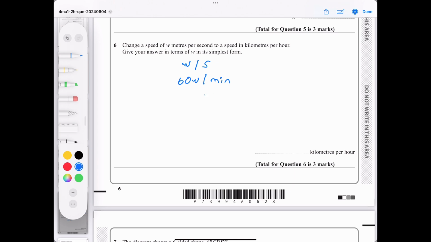And in an hour, we'd get 3,600W an hour, because that's 60 times 60. Now, this is in meters, so now let's divide that by 1,000, so 3.6W kilometers per hour. There we go. And that is me done for a minute.